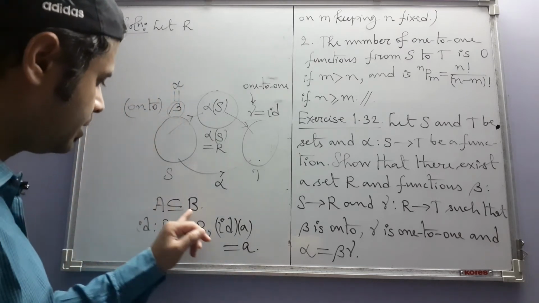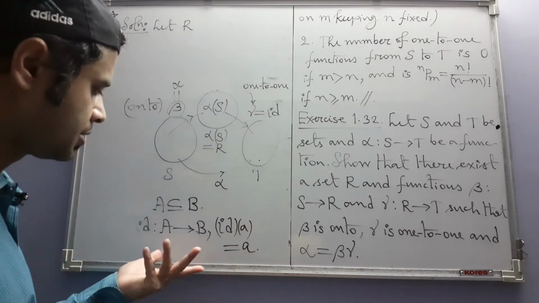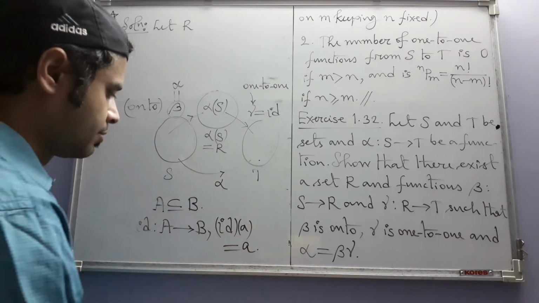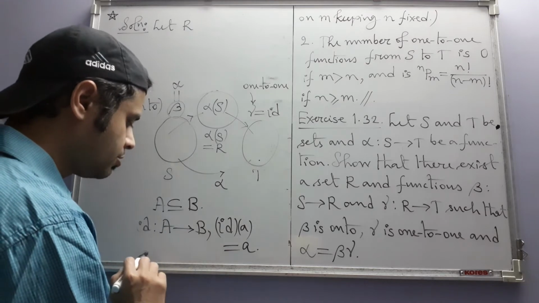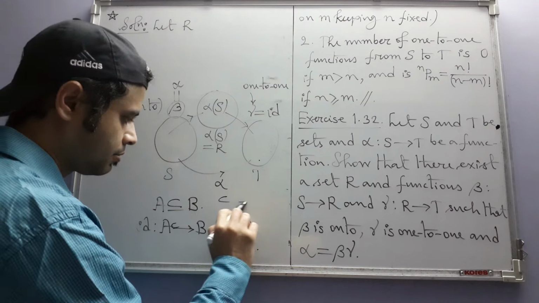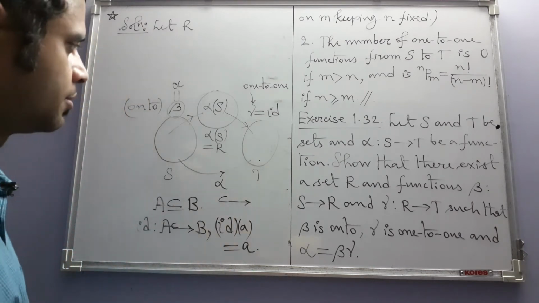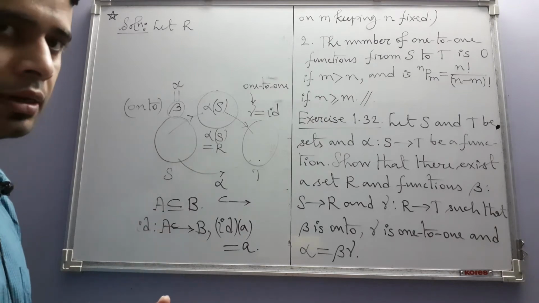Now, because A is contained in B, these outputs are again in B. So this is a well-defined function, and this is called the inclusion function, and sometimes it's denoted by an arrow like this. Okay, so that is our plan.